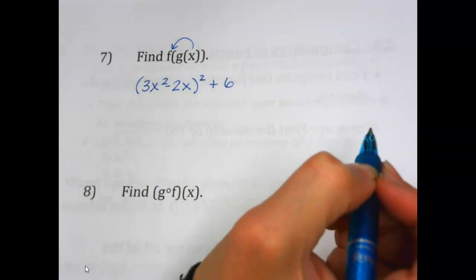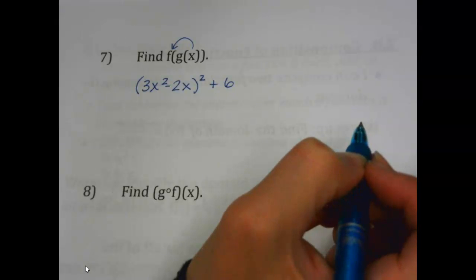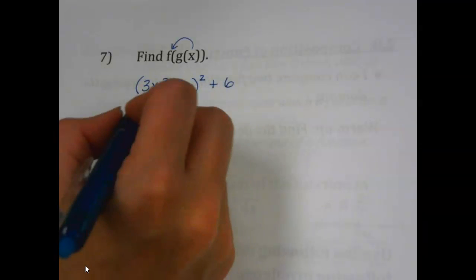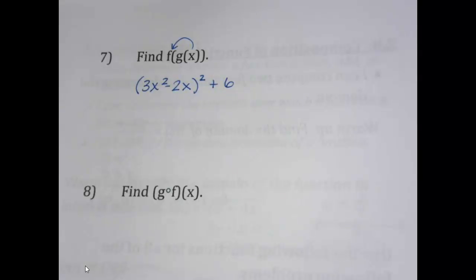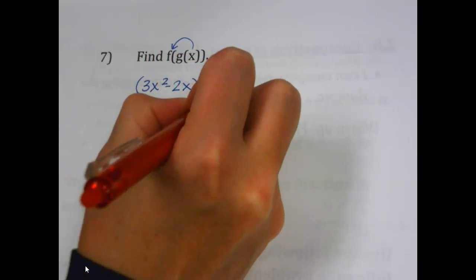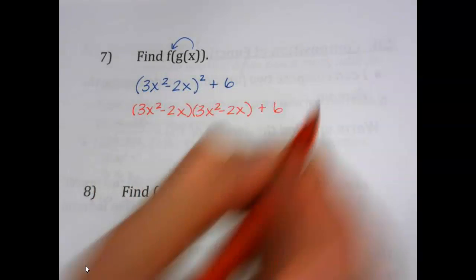plus 6. Now, if you didn't write all the functions down from the previous page, go back and write them all down so you know where this came from. All right, squaring means multiplying by yourself. So we are going to take 3x squared minus 2x and multiply it by itself. 3x squared minus 2x times 3x squared minus 2x plus 6.